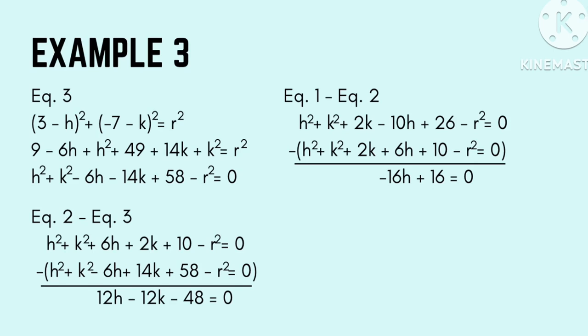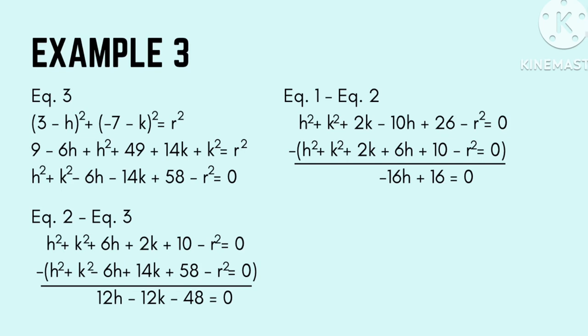So we will repeat the same process with equation 1 and equation 2 so that we can find the value of h. So we have h^2 + k^2 + 2k - 10h + 26 - r^2 = 0 minus (h^2 + k^2 + 2k + 6h + 10 - r^2 = 0).